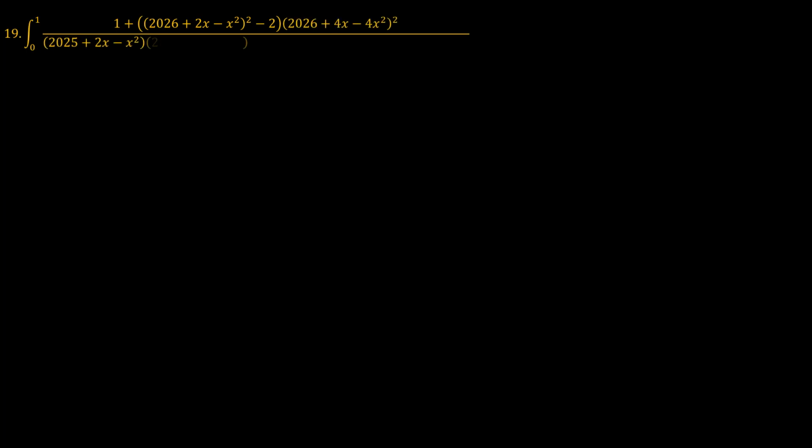So problem 19 is a definite integral from x equals 1 of 1 plus open bracket 2026 plus 2x minus x squared minus 2 times 2026 plus 4x minus 4x squared over 2025 plus 2x minus x squared times 2027 plus 2x minus x squared times 2025 plus 4x minus 4x squared times 2027 plus 4x minus 4x squared.